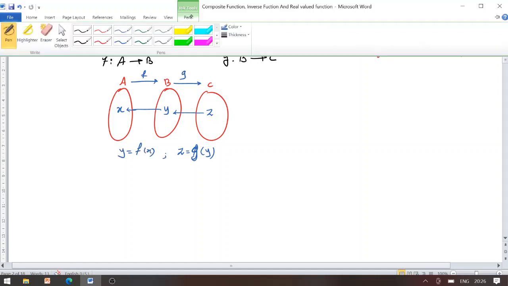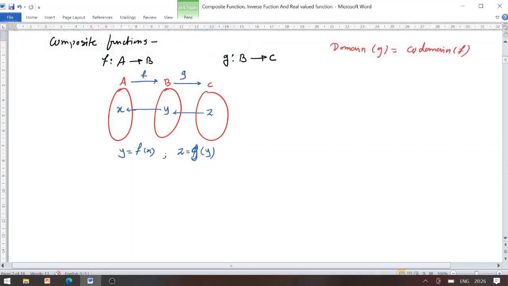Now if we consider the function from set A to set C, let us assume that function is h. So z is the image of element x from the set A. So we can write z equals some function of x.